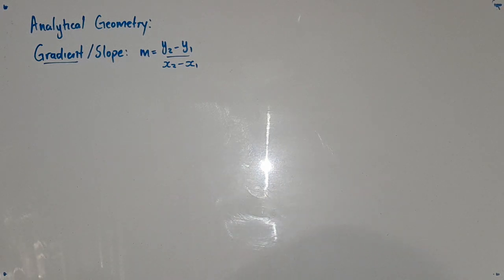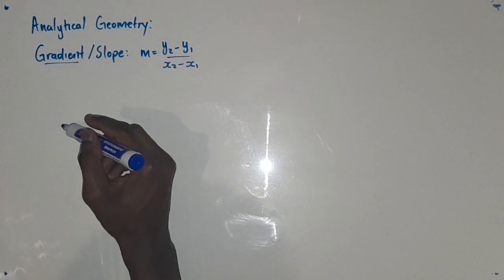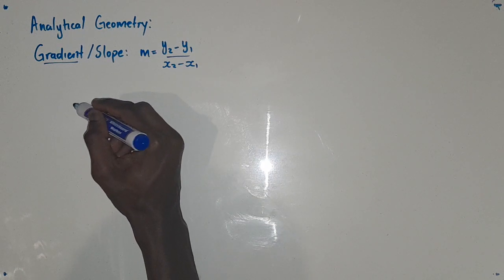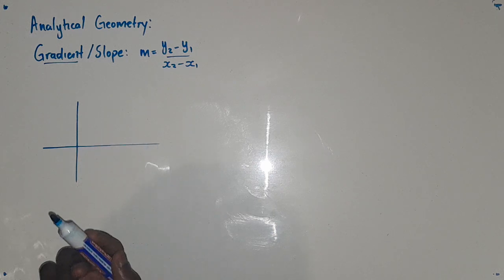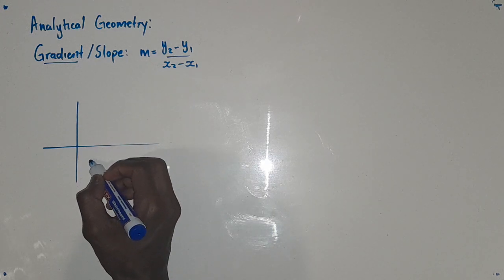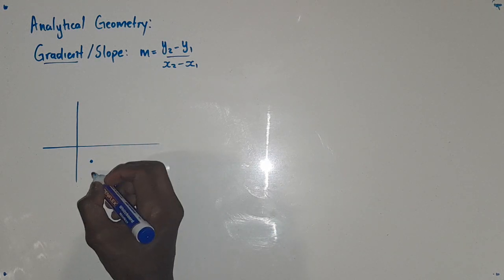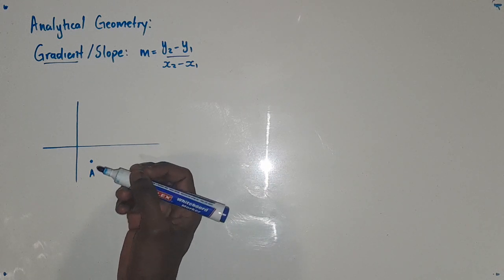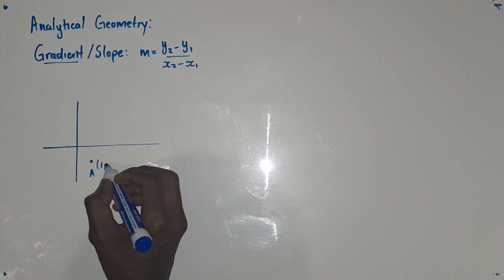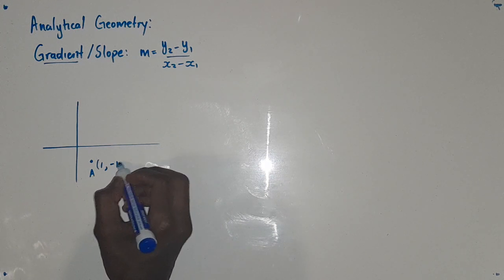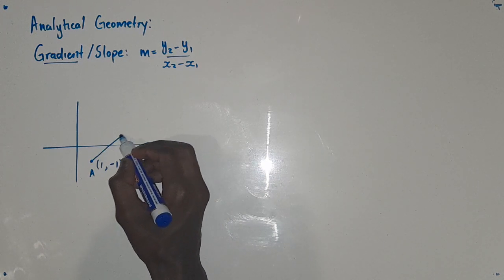Now, let's say we have this situation now. Let's say if somewhere here we have A, which let's say it's (1, -1) like this.